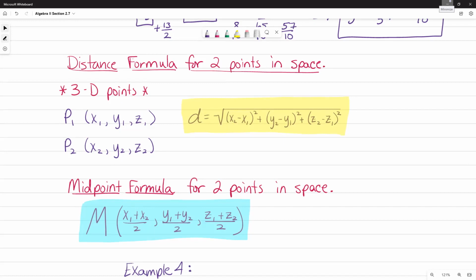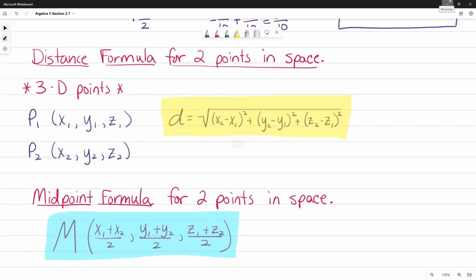So the distance formula for 2 points in space is d equals the square root of x2 minus x1 squared plus y2 minus y1 squared plus z2 minus z1 squared. It's just adding that third coordinate. Midpoint, it's the same thing. It's adding that third coordinate.